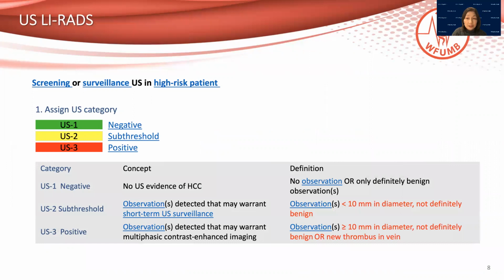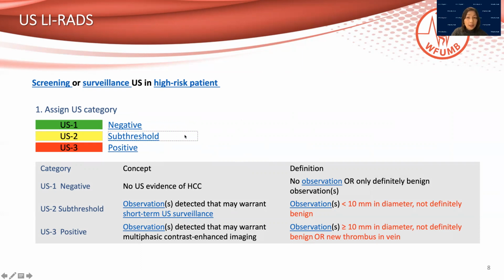So let's review ultrasound LI-RADS. Ultrasound is recommended for HCC screening and surveillance for high-risk patients. And so US LI-RADS is pretty straightforward. The purpose is to standardize the report. US1 is negative, so there is no suspicious lesion. US2 is subthreshold.